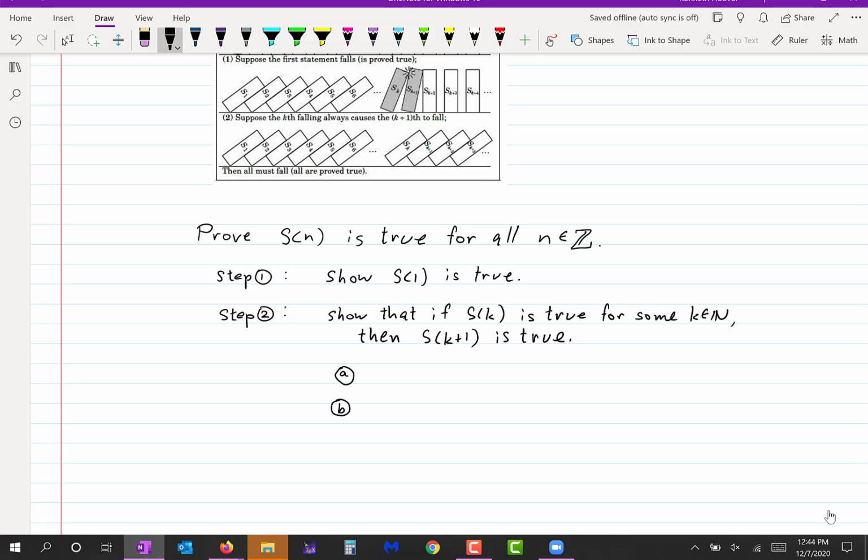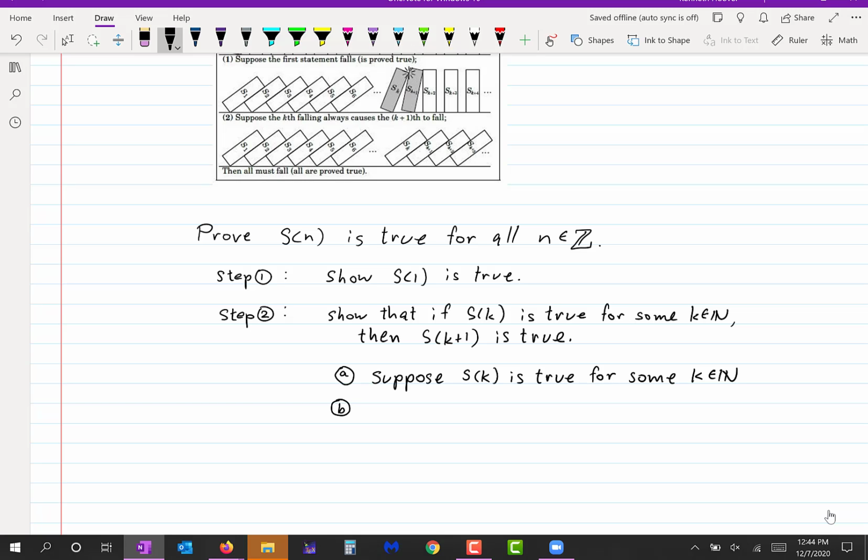Okay, so part A is suppose S of k is true for some natural number k. And that part right there, I want to make this very clear, that requires zero work from you. It is a supposition.